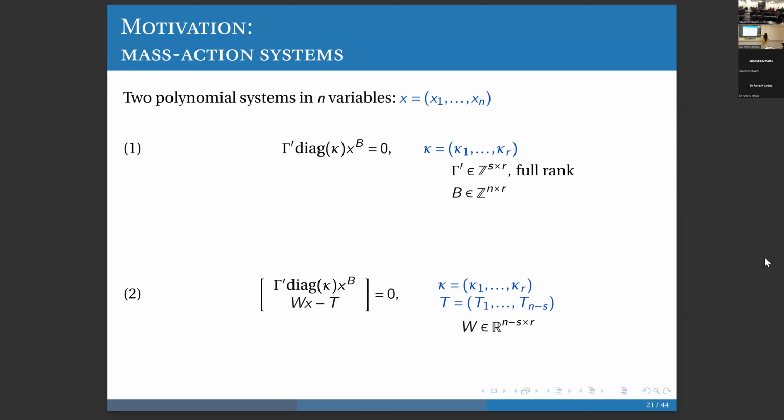And the system below it is what I get when I add the conservation laws that I was talking about in my second lecture. So for this, if I have rank S, I will need n minus s new parameters to parameterize all the different stoichiometric compatibility classes, depending on the initial condition.